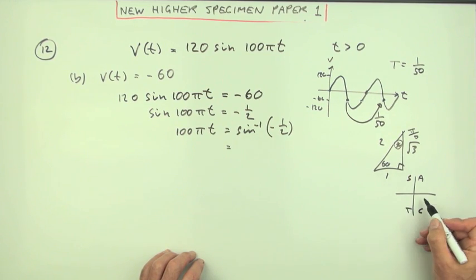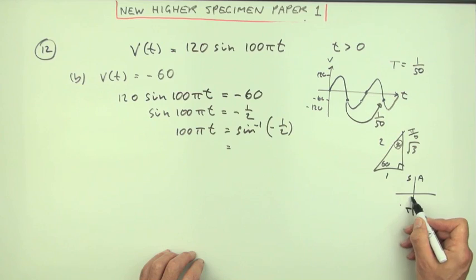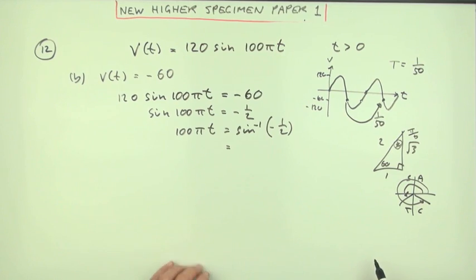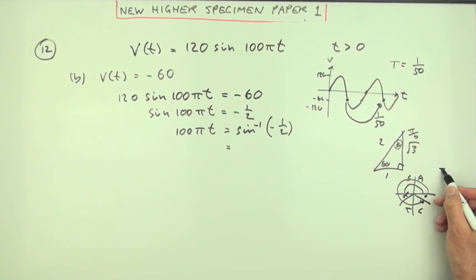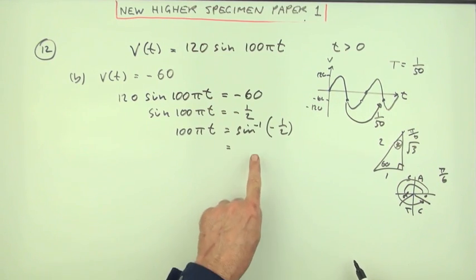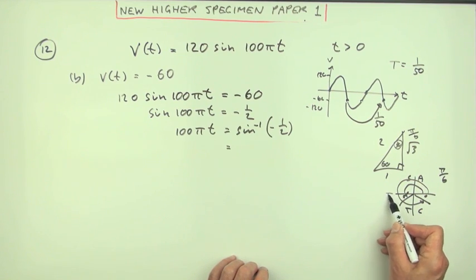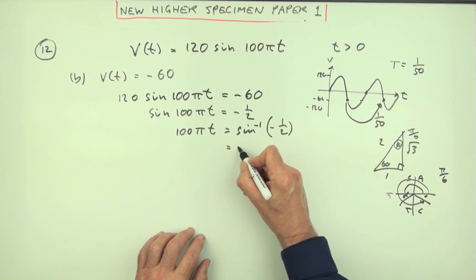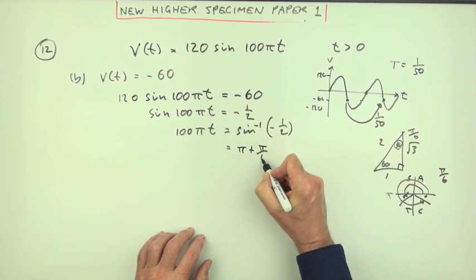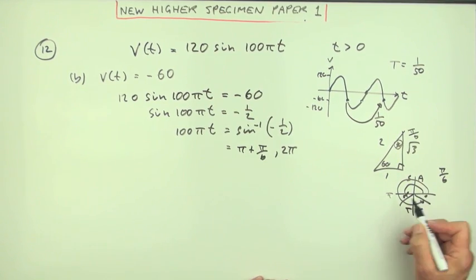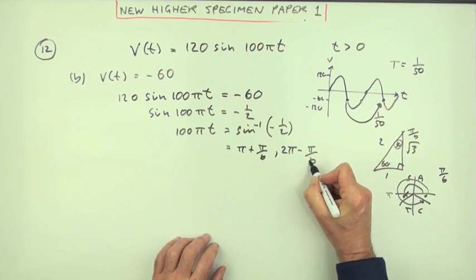The sine's negative, so you're going to be in one of these quadrants. The angle will either be round here or all the way around here. That's where you're going to place that pi upon 6. So the 2 answers you get from this, to begin with, would be halfway around pi plus pi upon 6, and all the way around, minus it, 2 pi minus pi upon 6.